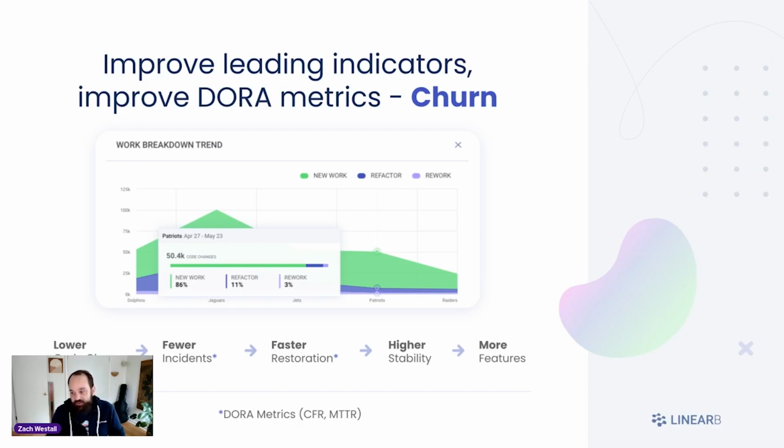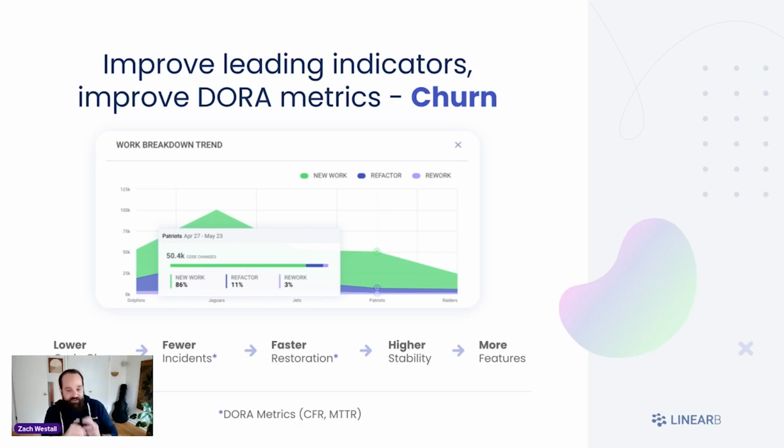So when you have lower churn, fewer incidents, and faster restoration, you have overall higher stability and more features are being shipped because you're not having to go back and rework things. Bugs aren't getting in the way. Your team is able to focus on things that actually move the needle for the business, not bugs and not P0 outages. You're able to work on new features. You're able to refactor.